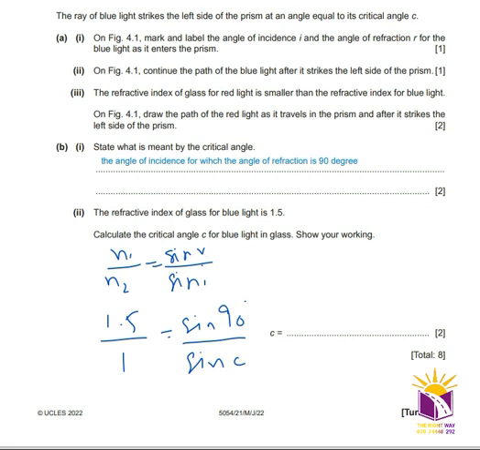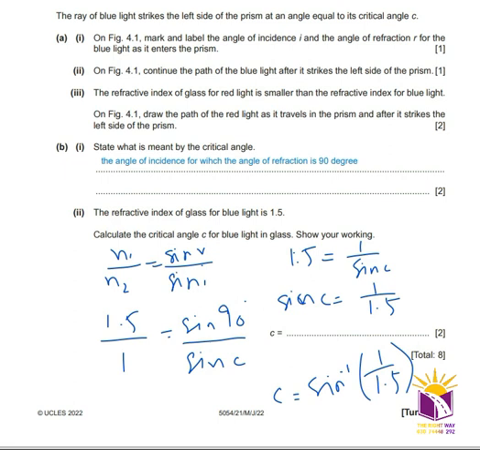So 1.5 is equal to 1 over sine c, and sine c will be equal to 1 over 1.5, and c will be equal to sine inverse of 1 over 1.5, which is 41.8 degrees. Your critical angle will be equal to 41.8 degrees.